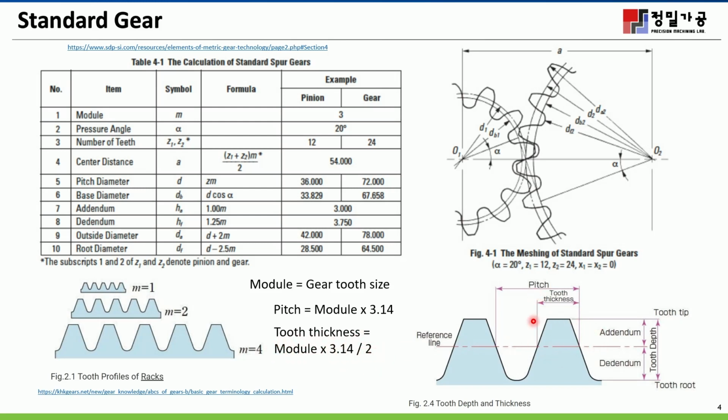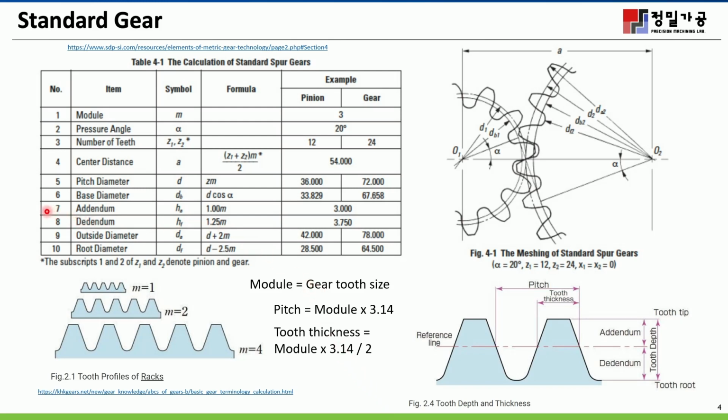In the gear, we have the reference line, or we call it the pitch diameter, this one. And here we have the addendum and dedendum. And this one is tooth depth, tooth tip, and tooth root.